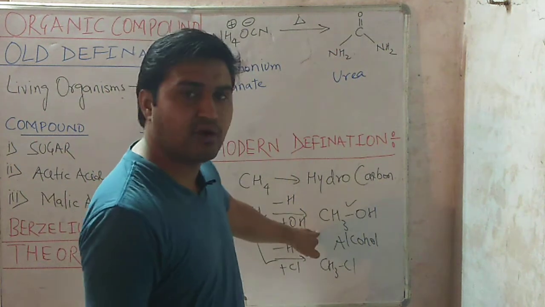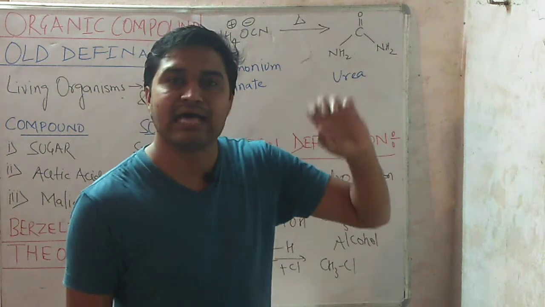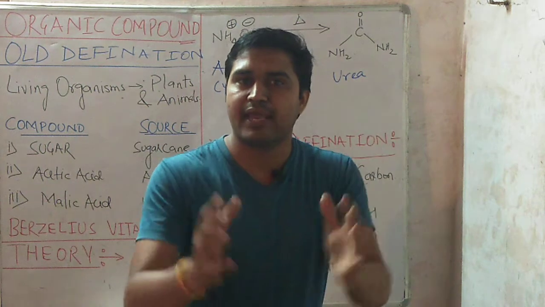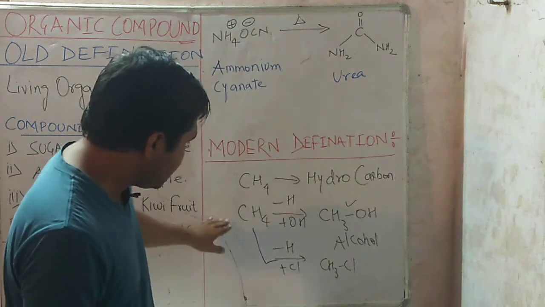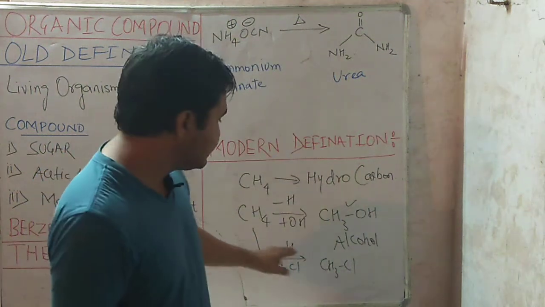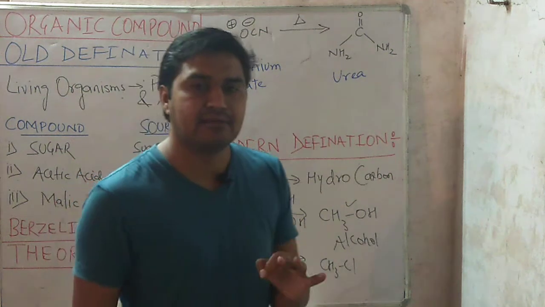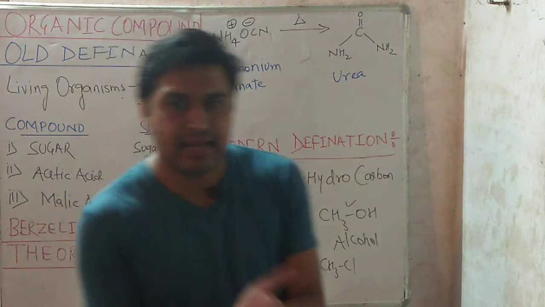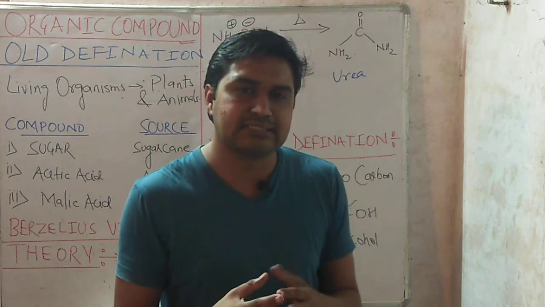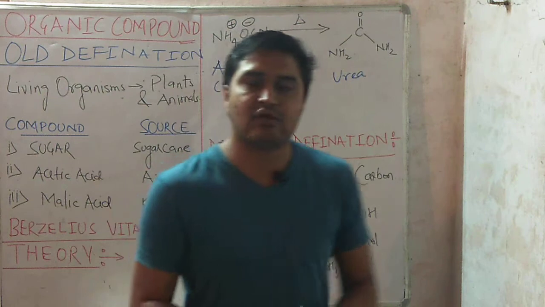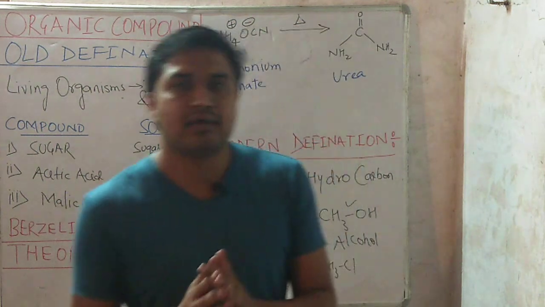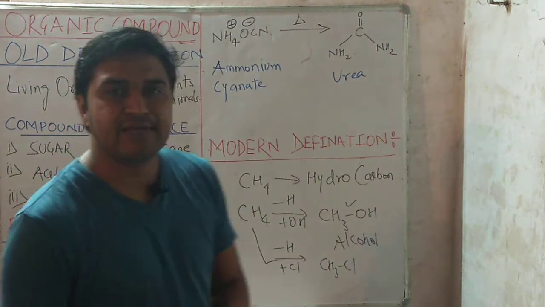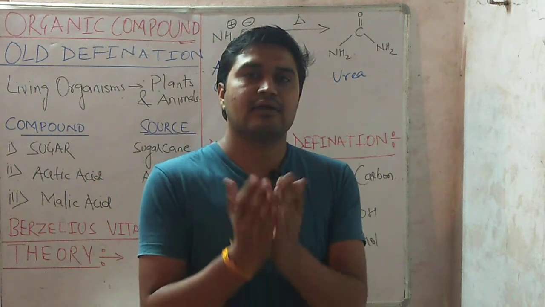So according to the modern definition, alcohols are organic compounds. Now if you replace this hydrogen with a chlorine atom, then CH3Cl is known as an alkyl halide, although it is specifically called methyl chloride. Again, according to the modern definition, it is an organic compound.